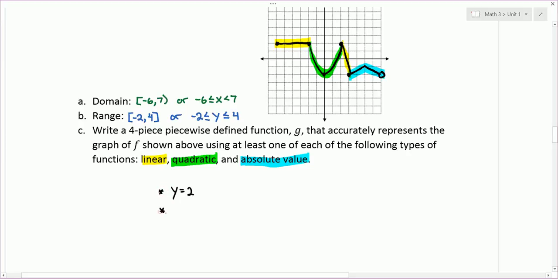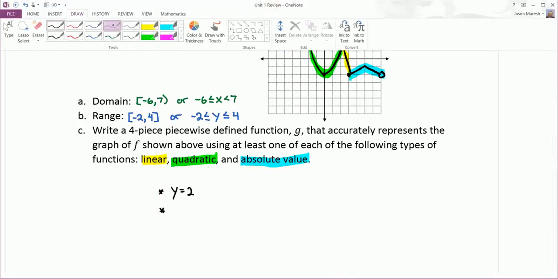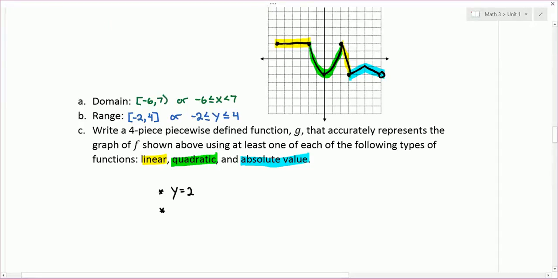My second piece is quadratic. I'll use green. Not only is it quadratic, we see the vertex is at -2. The parent graph of a parabola has a vertex at 0, 0. So this has been translated down 2 units.